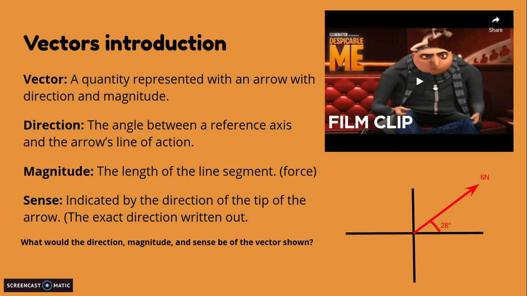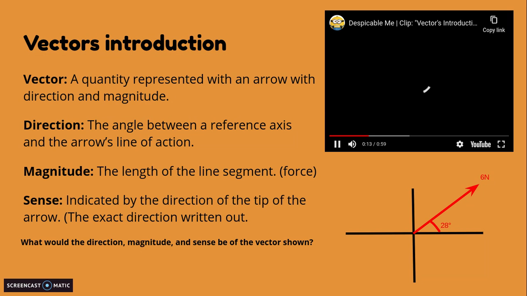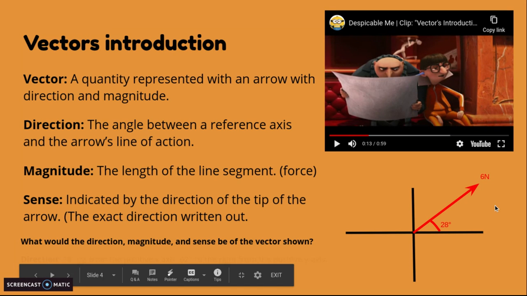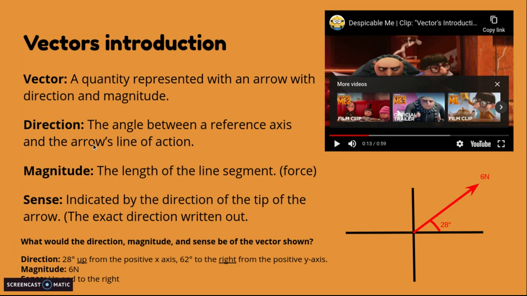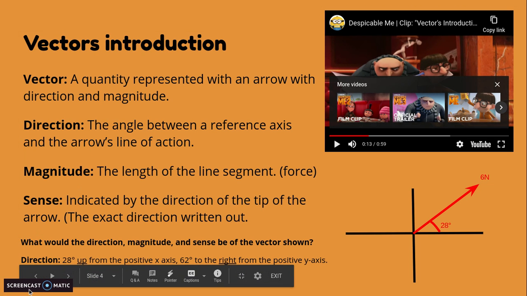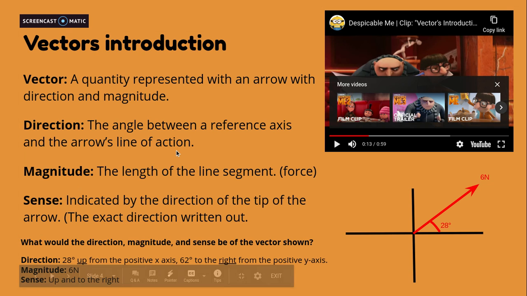What would be the direction, magnitude, and sense of the vector shown? Okay, so the direction is, oh, well, it says right there. Direction is 28 degrees up from the positive x-axis.